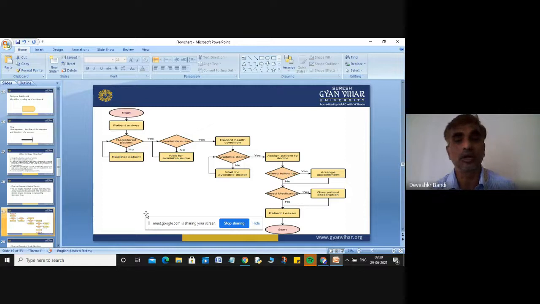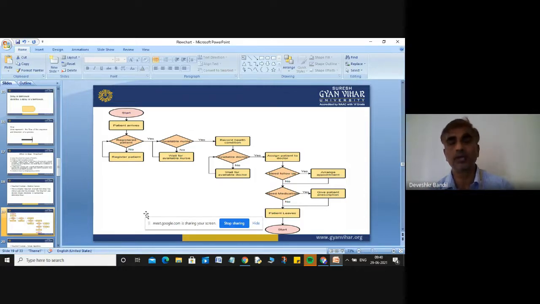Then, is a doctor available? If the doctor is available, assign patient to doctor. And if a doctor is not available, you wait for an available doctor. Assign patient to doctor.